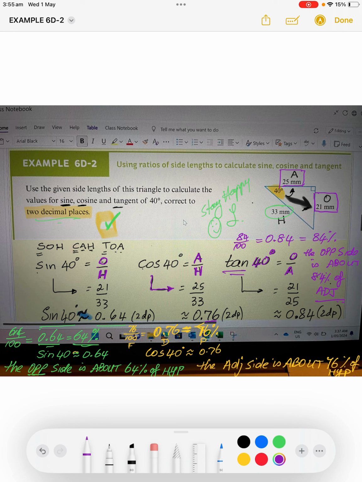So that's just a little bit more information about sine, cos, and tan. So I'll just put up here: a little bit more info about sine, cos, and tan.